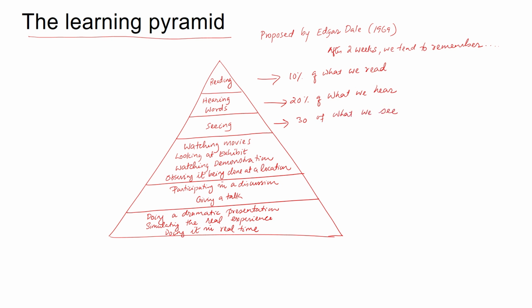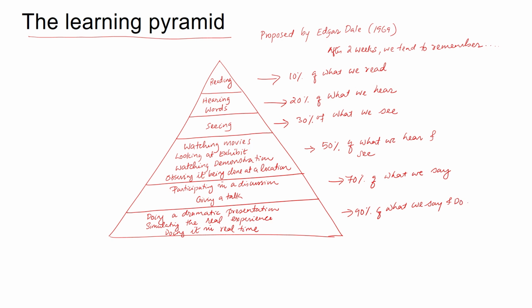Then this third part, watching movies, looking at an exhibit, all these kinds of things, that is 50% of what we hear and see. Then participating in a discussion, it is 70% of what we say. The last one is 90% of what we say and do.